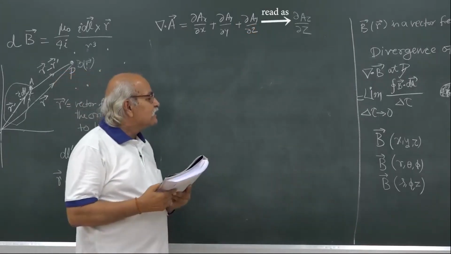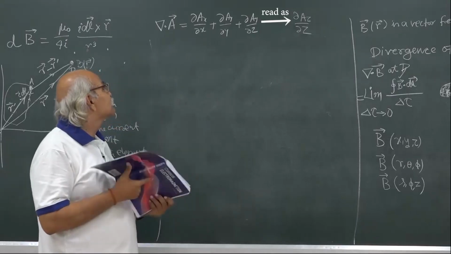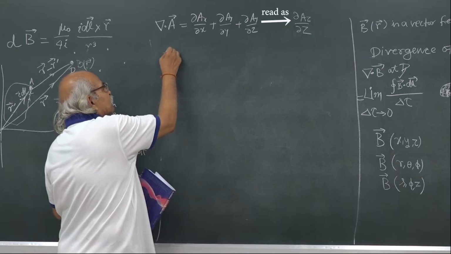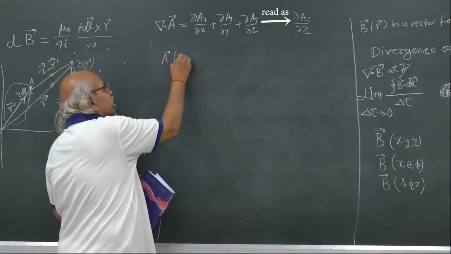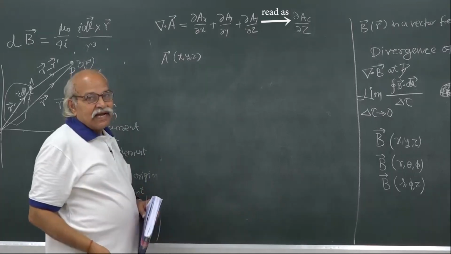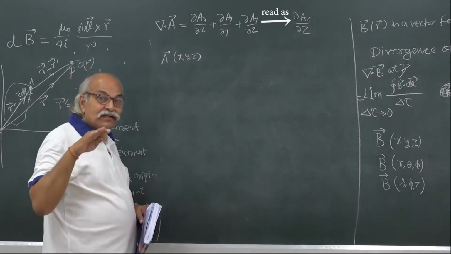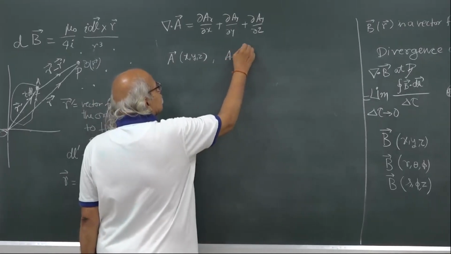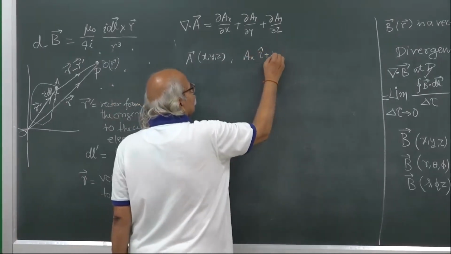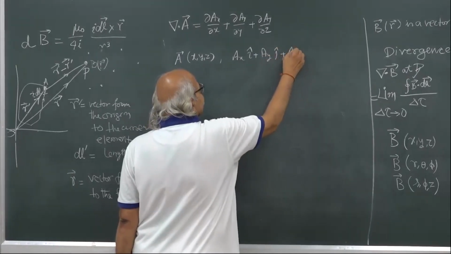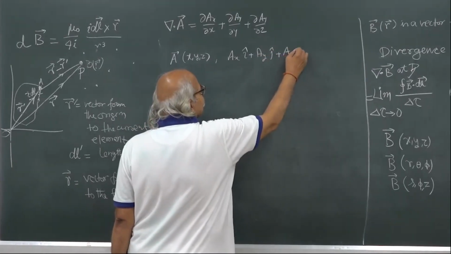It means that this vector A is known everywhere, therefore, you know it at x, y, z coordinates, and you take the component along the x axis, that will be Ax, the component along the y axis, that will be Ay, and the z axis component is Az.